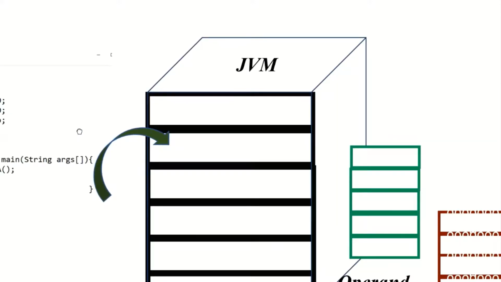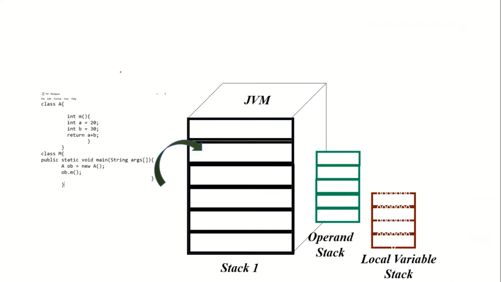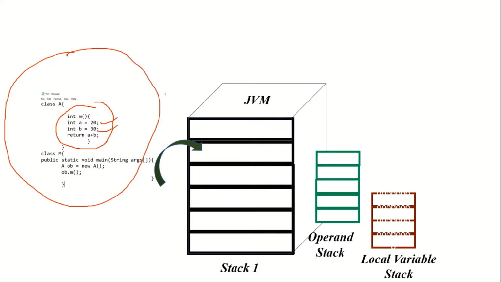Say you have a code. No need to understand this code. Just focus on a particular area. Here we have a method where I am performing 20 plus 30. As we know, it is source code, and after compilation the source code is converted to bytecode. Now there is a way we can visualize bytecode.